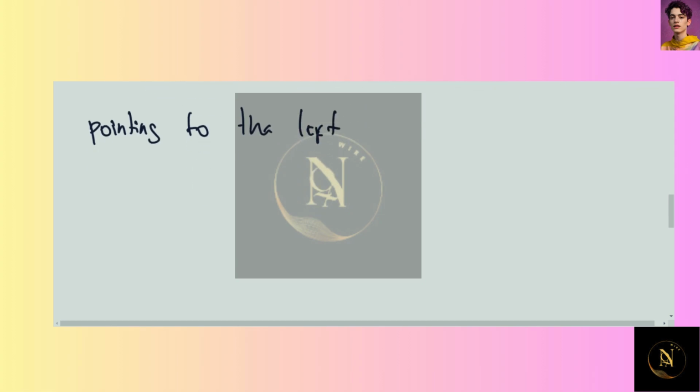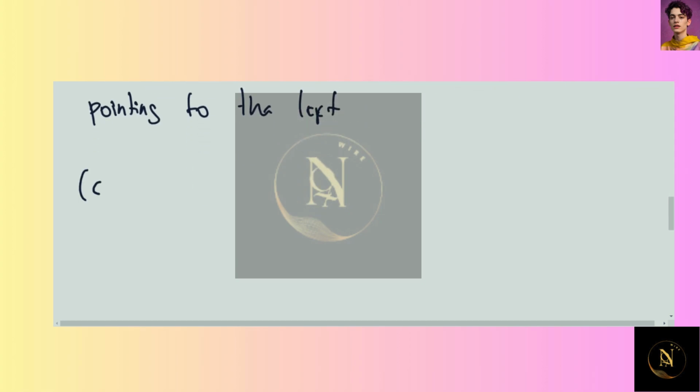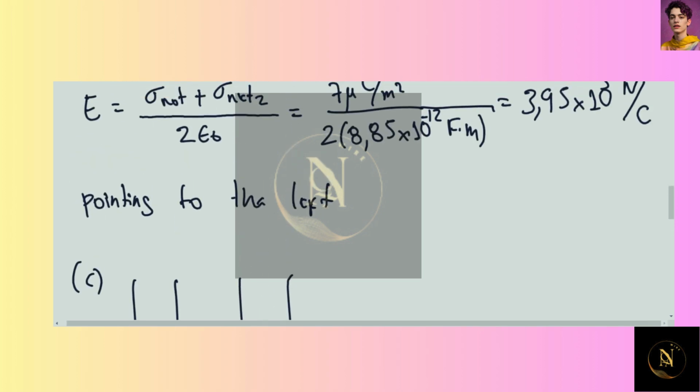Now, for the final question, we are asked for the electric field at point C, which is in the middle of the right-hand sheet. So we will have the sheet and a point C in the middle of the right-hand sheet.